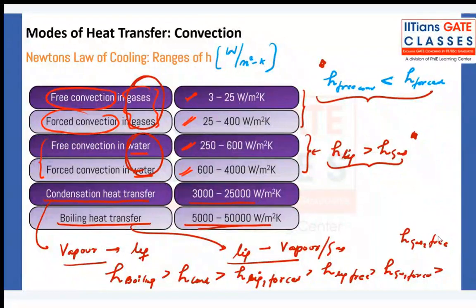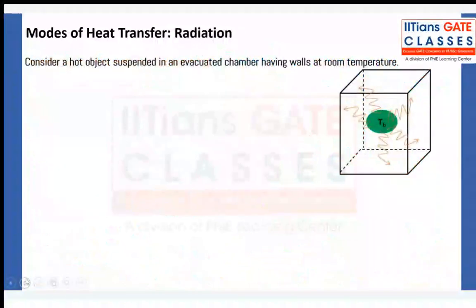Let's move ahead. Now let us come to the last mode of heat transfer, which is radiation. So what about radiation? Let us consider a room. You have a room, and you have hung a hot body in that room.